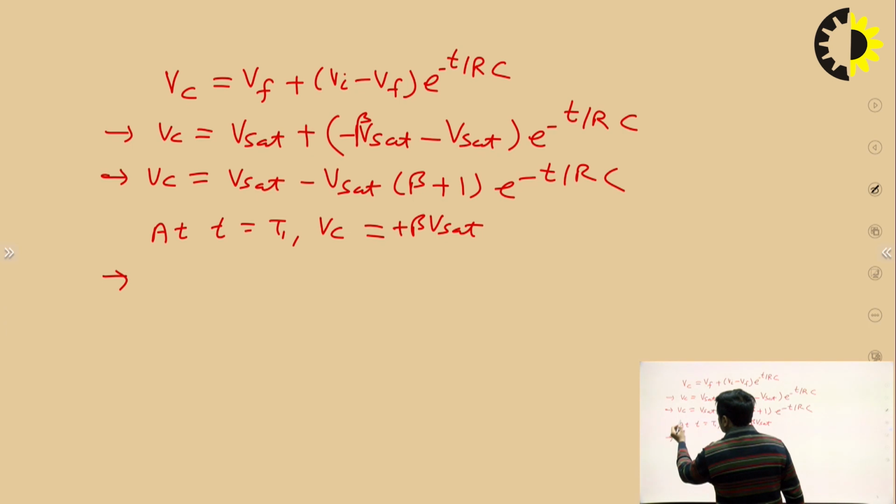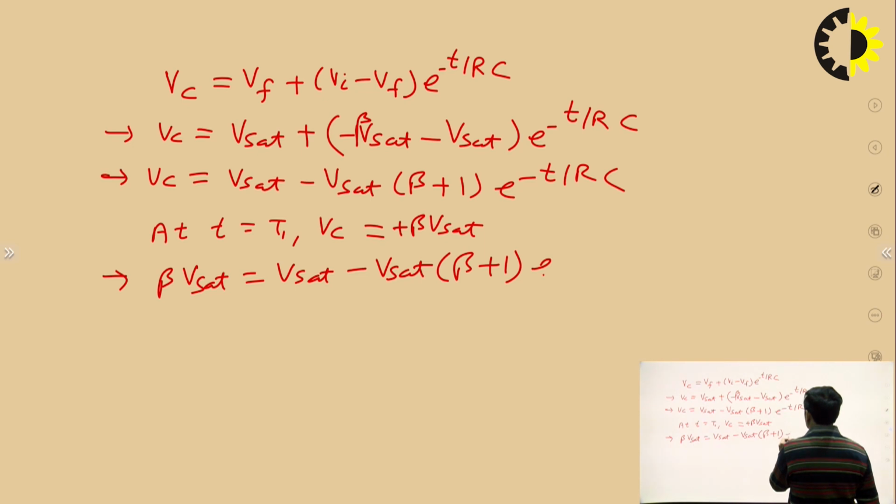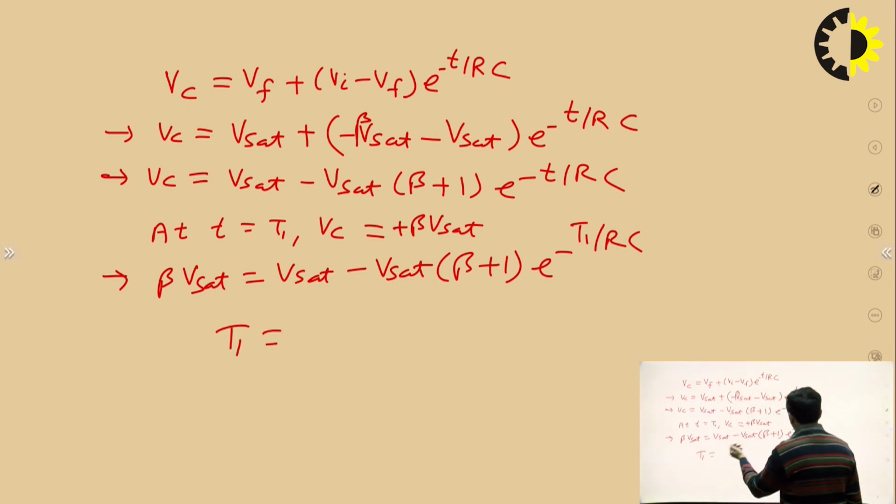Now we can put Vc equal to plus beta V set, equal to V set minus V set into beta plus 1 into e to the power minus t1 by RC, where small t is replaced with t1. Now from this equation we can calculate t1. You can get t1 after rearranging the terms.